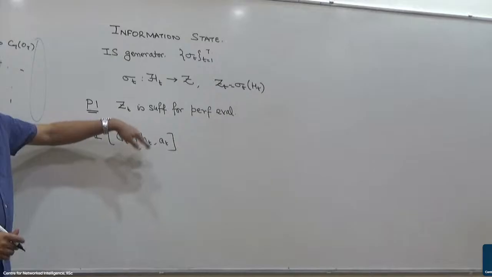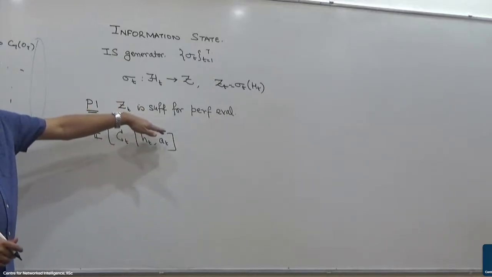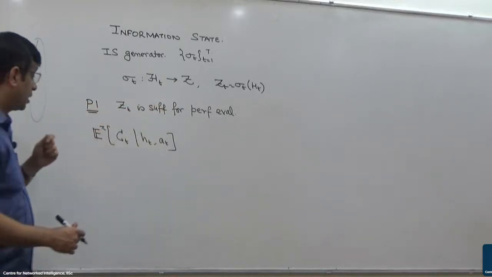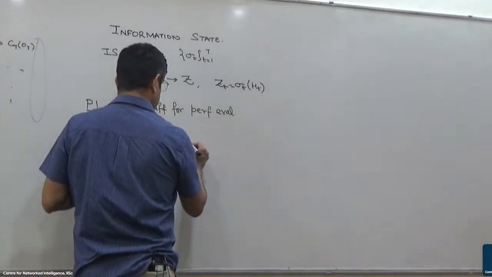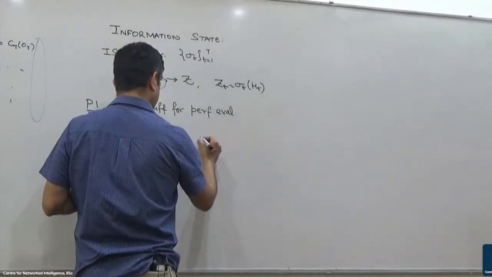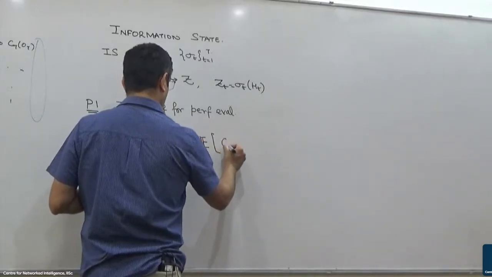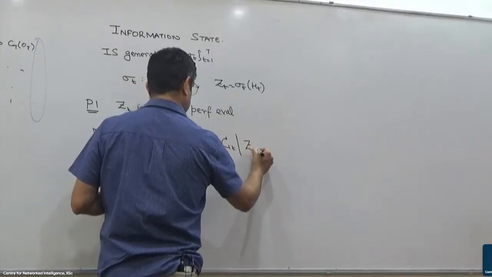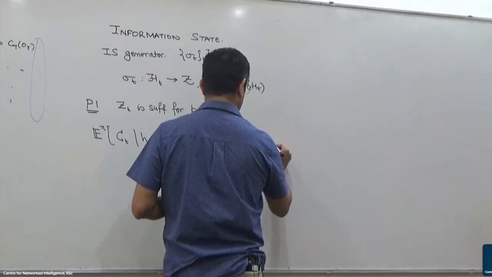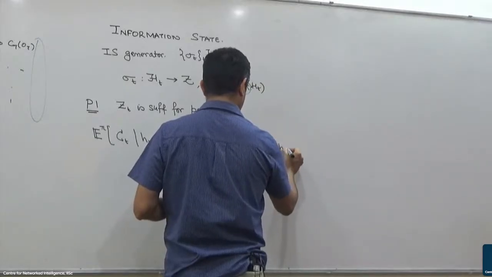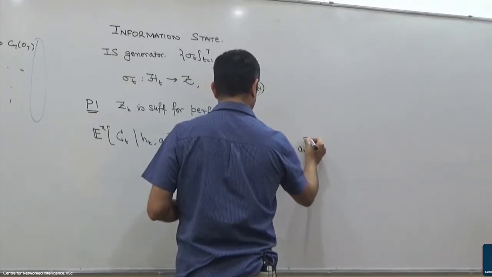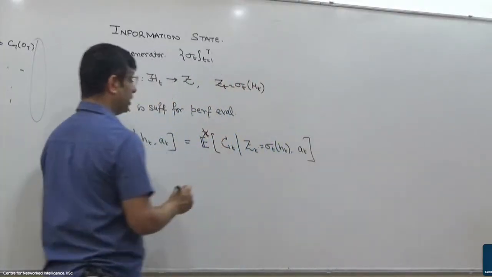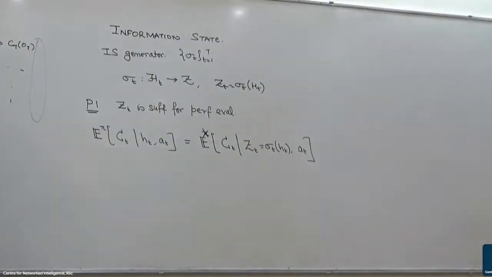I am not going to keep on writing capital Ht equal to small ht. This means that I am conditioning on those events. Okay. This should be equal to the expectation of Ct conditioned on Zt equals sigma t of little ht and at. Okay. And the key assumption here is that this thing does not depend on the policy.